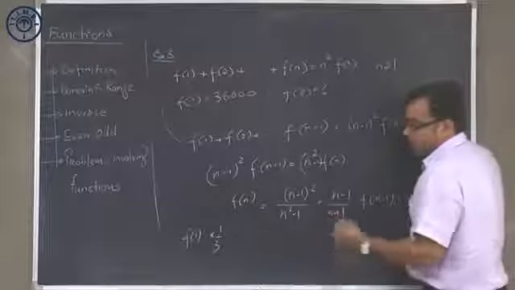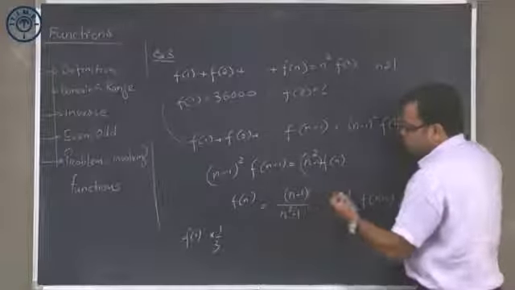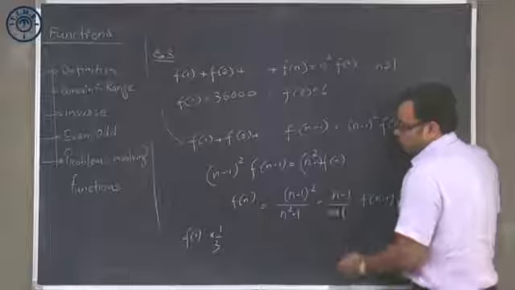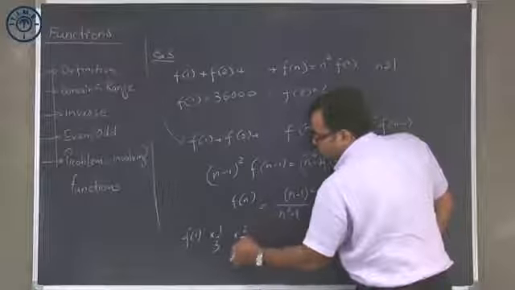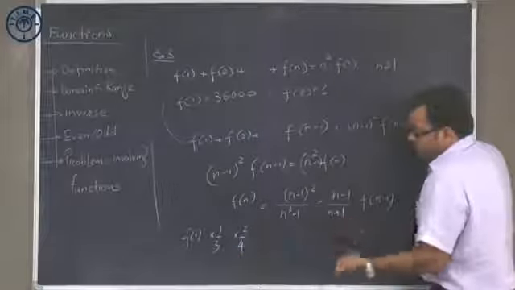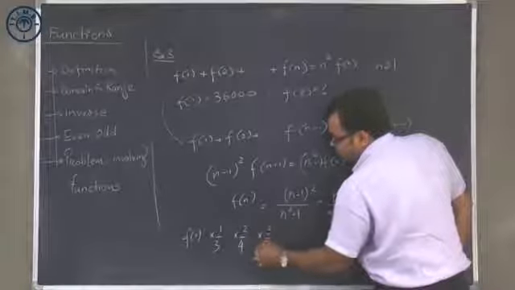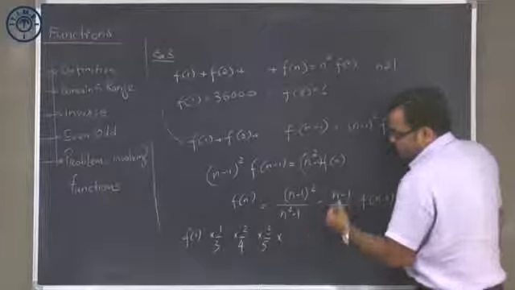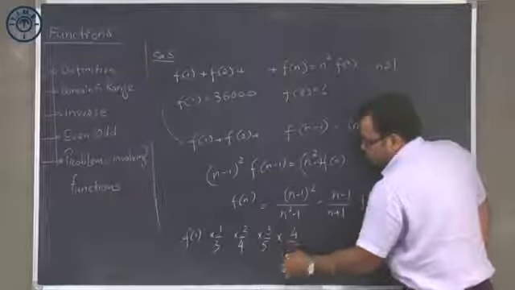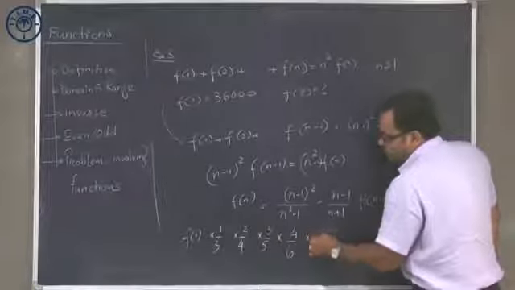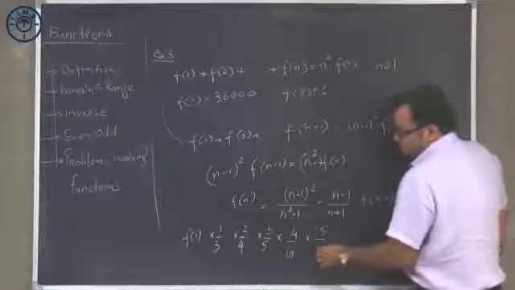F of 3 will be equal to f of 2 into 3 minus 1, 2 upon 4. F of 4, 4 minus 1, 3 upon 5. F of 5, 5 minus 1, 4 upon 6, then 5 upon 7.